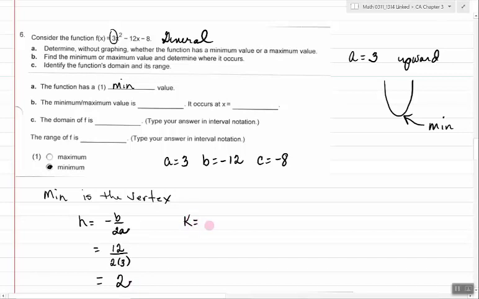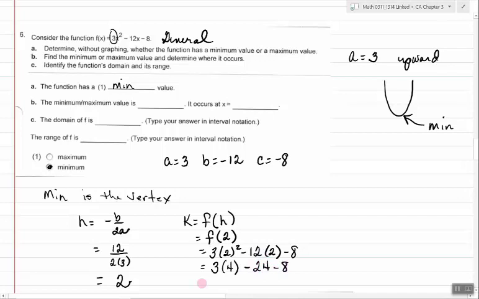K is f of h. That means it is f of 2. So it is 3 times 2 squared minus 12 times 2 minus 8. That's 3 times 4 minus 24 minus 8.